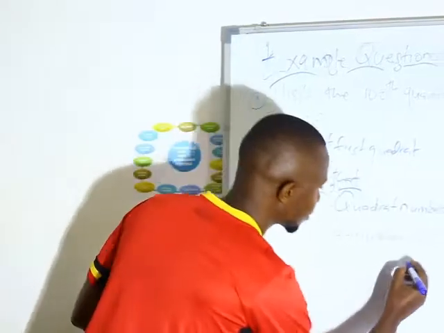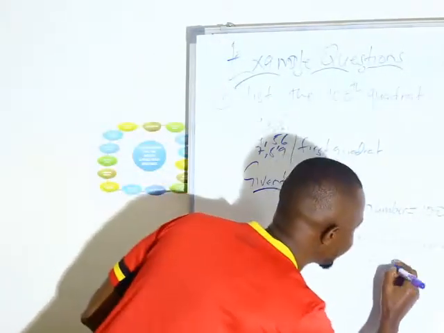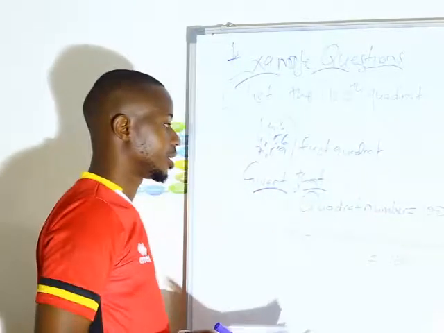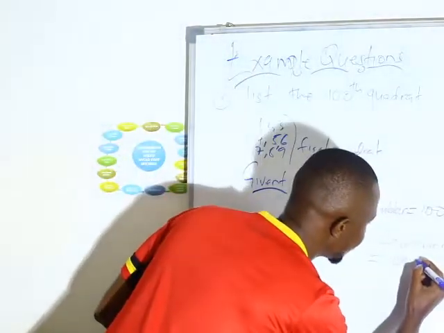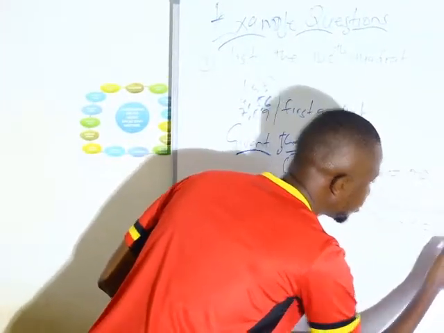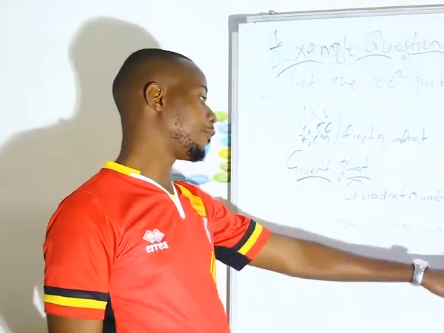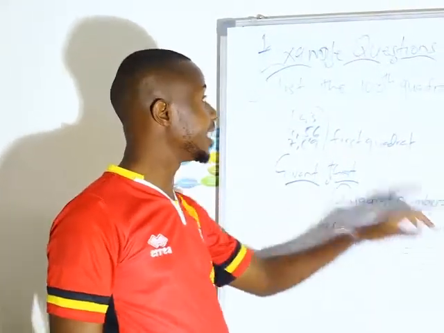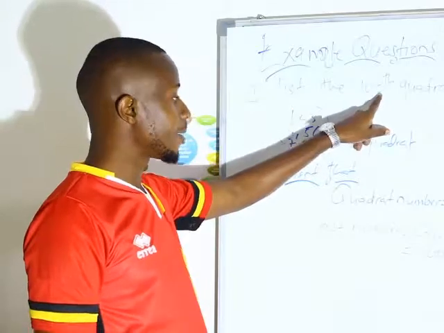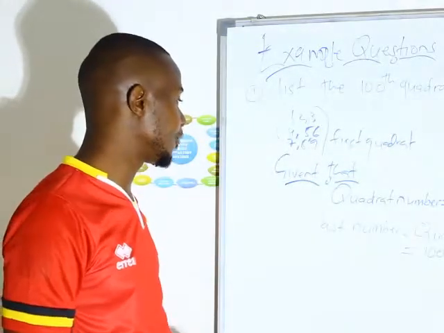So, since we know our quadrant number, which is 100, times 9 is 900. The good thing, we have found our last number in the 100th quadrant, but we have to find other numbers so that we can list the full quadrant.